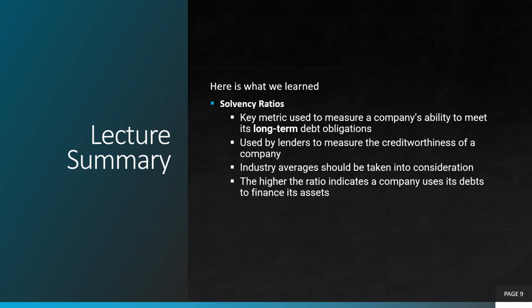Where I gave you 0.3 to 0.6 as a good debt to asset ratio, the best way to really look at that is to compare with another company within the same industry. A higher ratio indicates a company uses its debts to finance its assets, which is not a good thing. It's not something that investors and lenders and stakeholders would be too happy about.